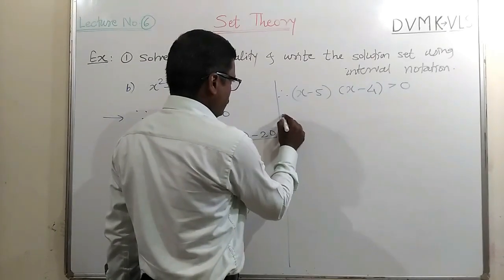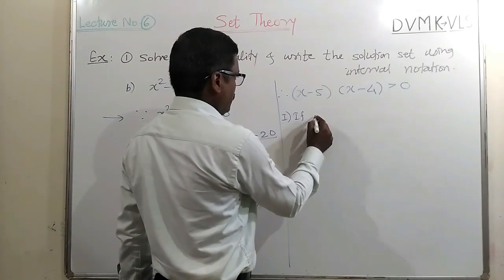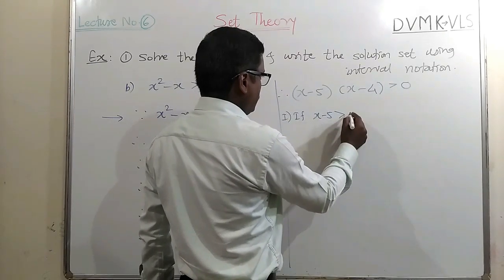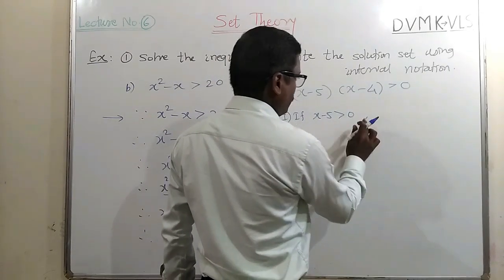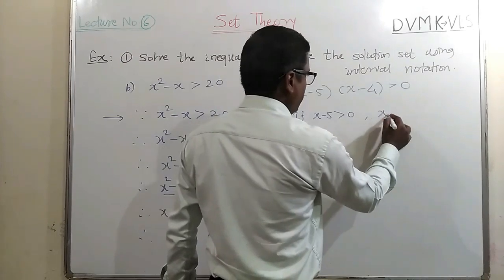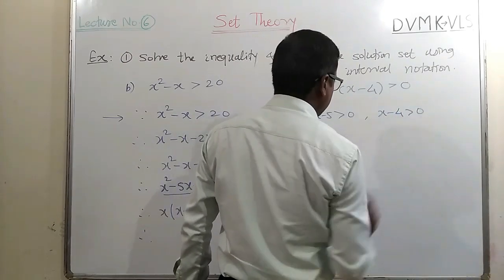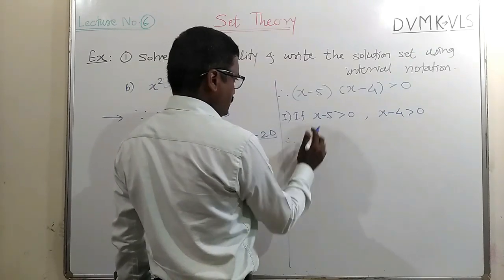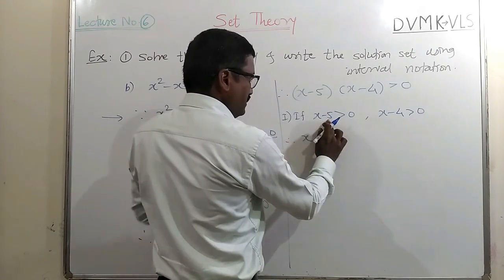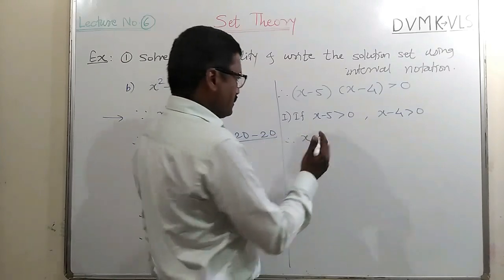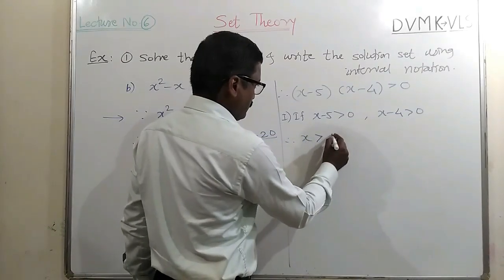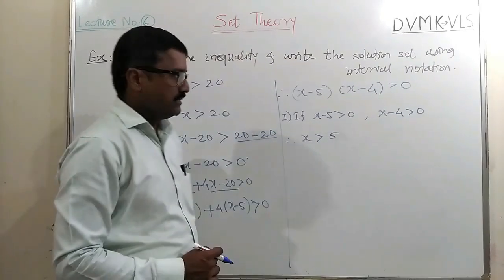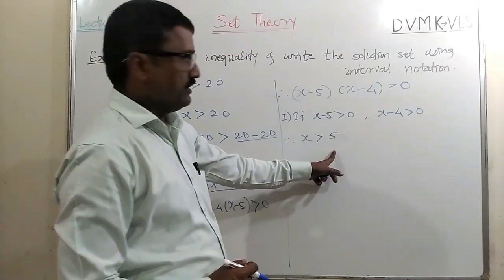So first, if x minus 5 is positive, and comma means and, x minus 4 is also positive. Now take this 5 to the right, means add to both sides, so there is no change in the inequality. So x is greater than 5.